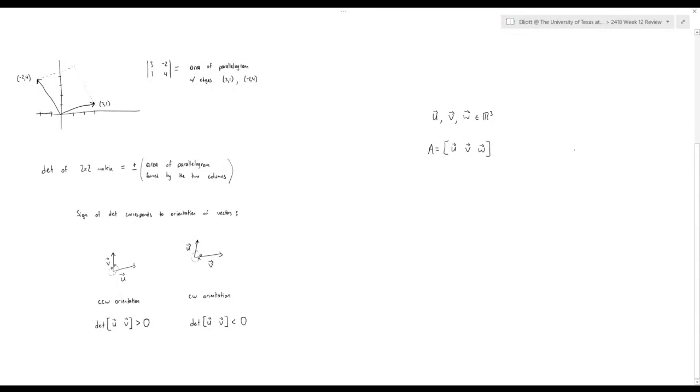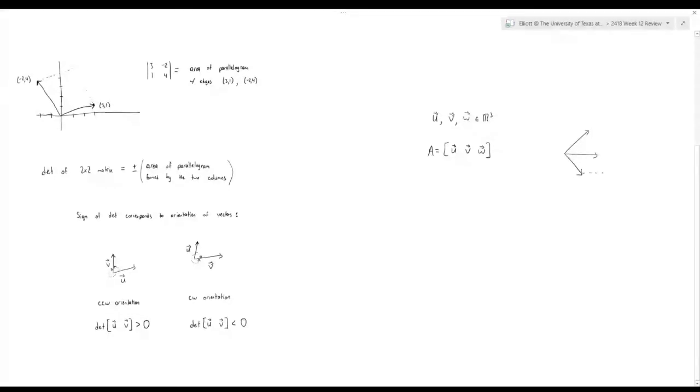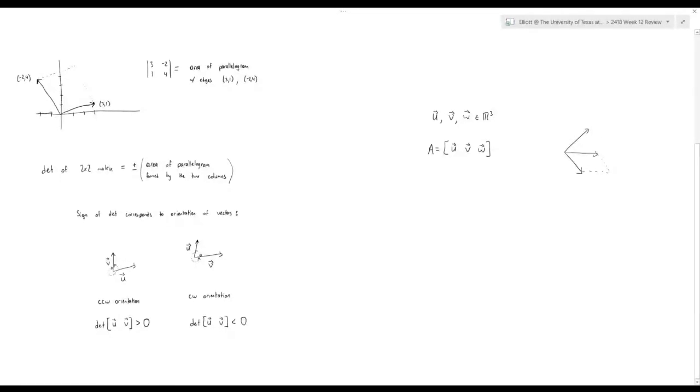So these three vectors, if you draw them, will form a three-dimensional version of a parallelogram, which we refer to as a parallelepiped. I'll try to draw a picture of it here.